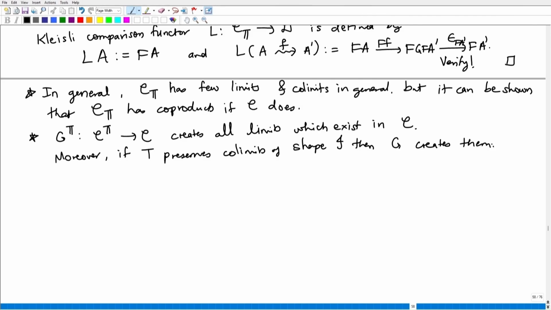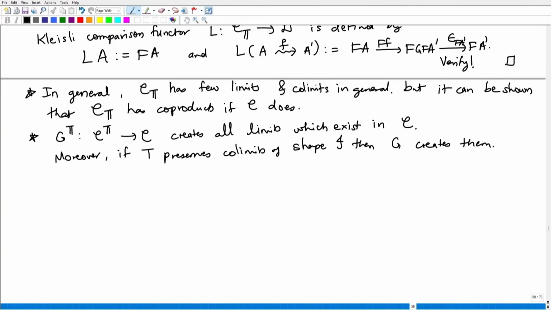So now this is a conditional statement. What it says is that the endofunctor has to preserve something, then G will create it. Then only is also wrong. Then G will create those co-limits. So this is something I wanted.